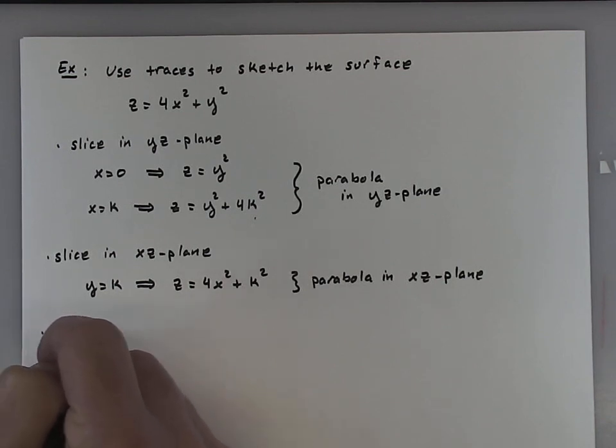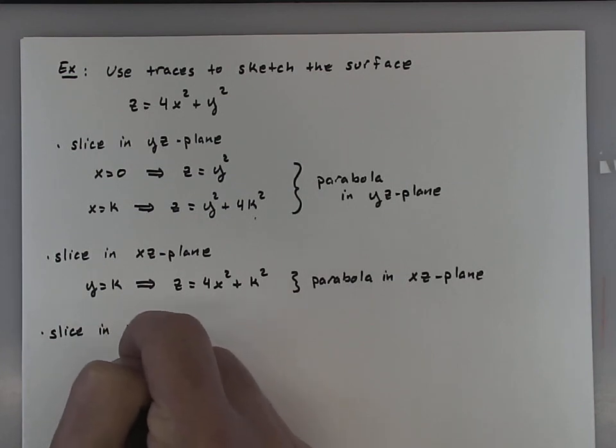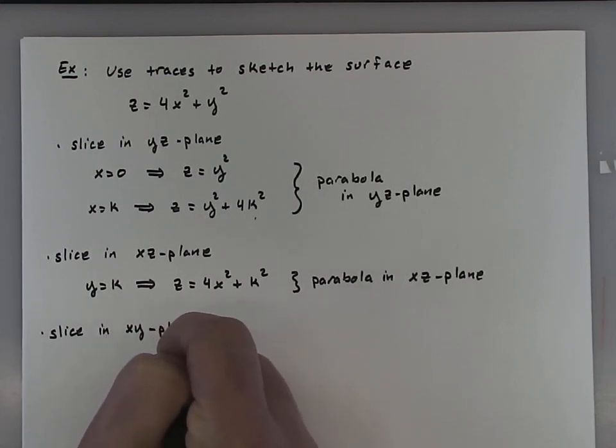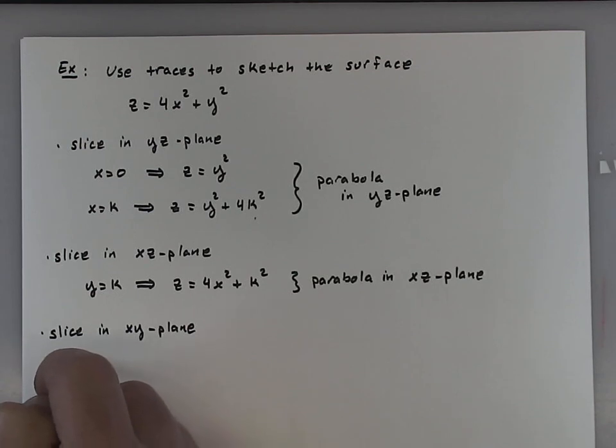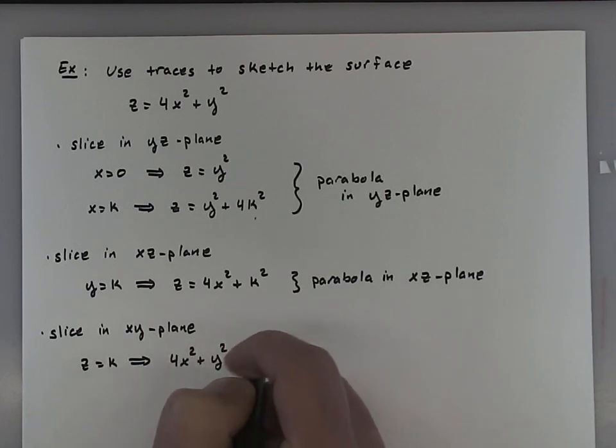Last slice in the xy plane, which means z is a constant. If z is a constant, then the equation turns into 4x squared plus y squared is equal to k.